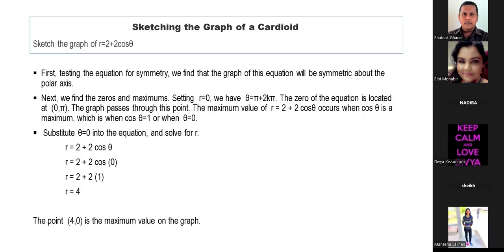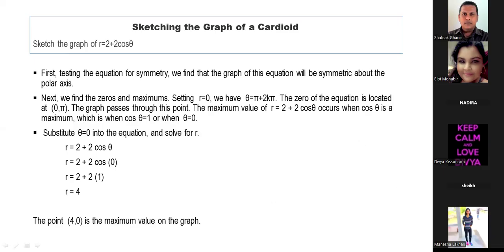Since R is equal to 2 plus 2 cos theta, it involves cos theta, which is symmetric about the polar axis, or the horizontal axis, so we know that. And all of these we need to know before we go ahead and sketch. The graph will be symmetric about the horizontal polar axis. This helps us to sketch one side of the graph and then we can mirror it. Miss, in her previous presentation, would have highlighted some of that.